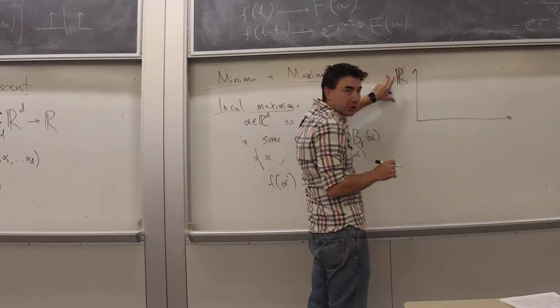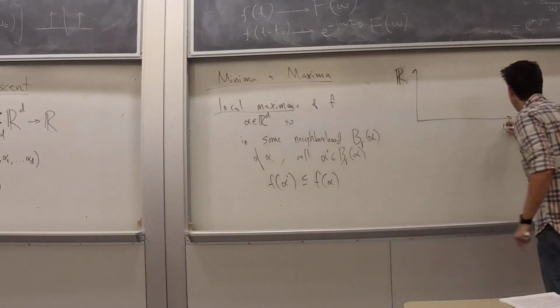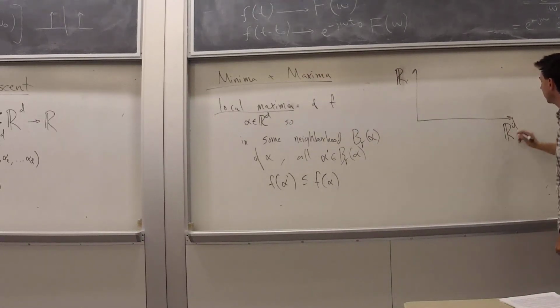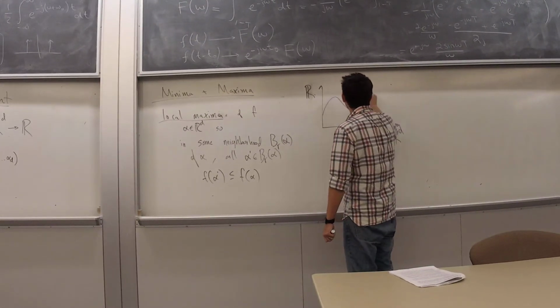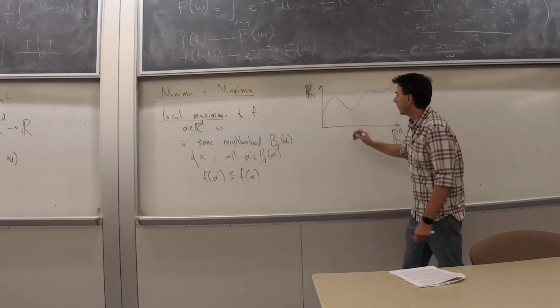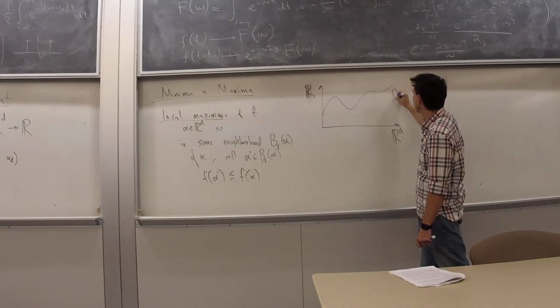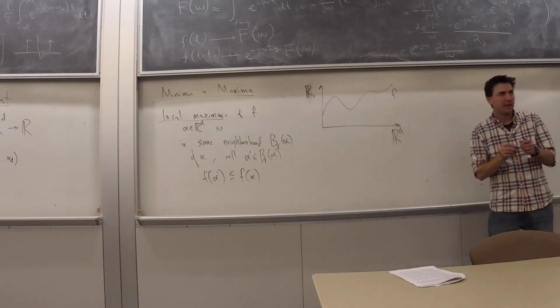This is one-dimensional, this is R. The domain of the function is going to be d-dimensional. Now, I can't draw in d dimensions, but for a lot of concepts you can think of them as such. So this will be the function f.